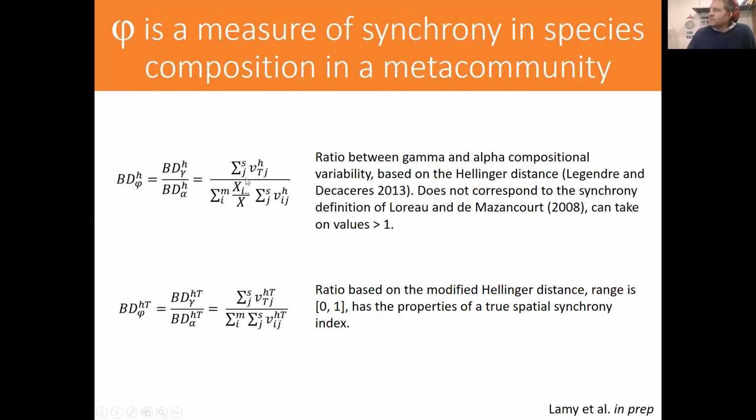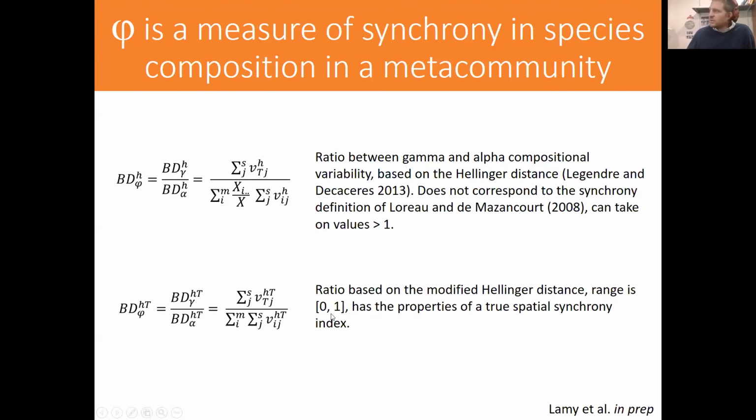However, when we do this, it doesn't really follow all the rules of a true synchrony metric. So we think it's an informative ratio, but it can take on values greater than 1, which may be hard to interpret in some cases. So there's also a method where instead of taking relative abundances at each point in time, we scale abundances to the total biomass summed through space and time.